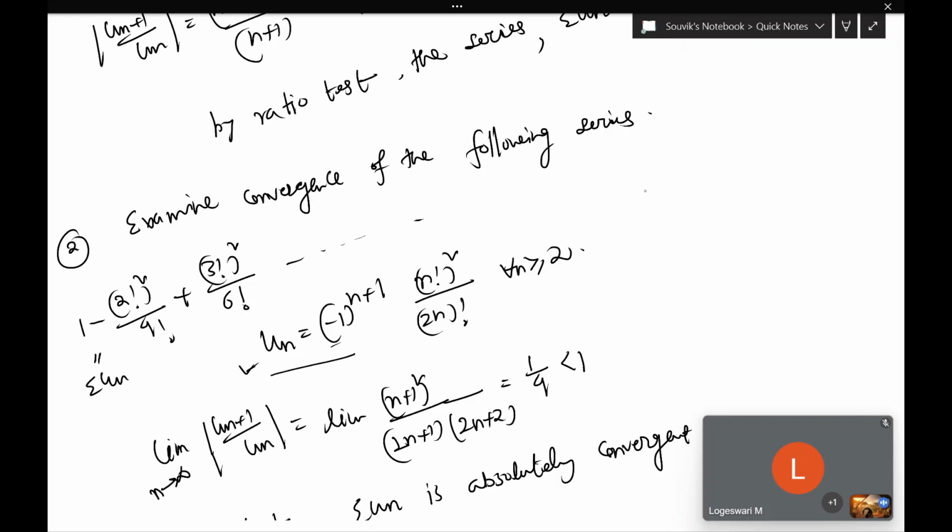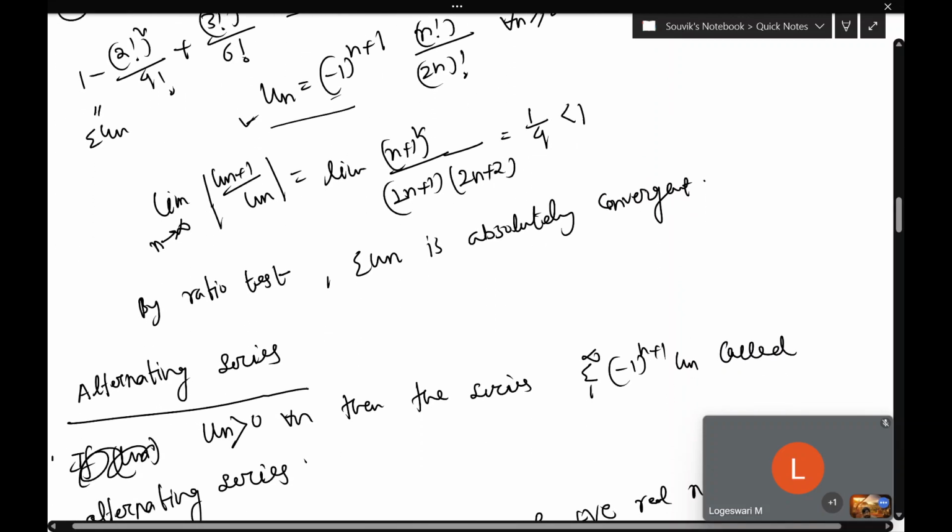And this limit of |u_(n+1)/u_n| is equal to limit (n+1) whole square by (2n+1)(2n+2). This is 1/4, which is less than 1. So by the ratio test, this summation u_n is absolutely convergent.